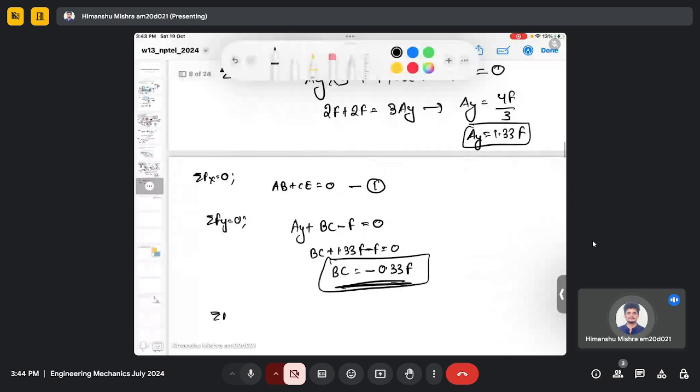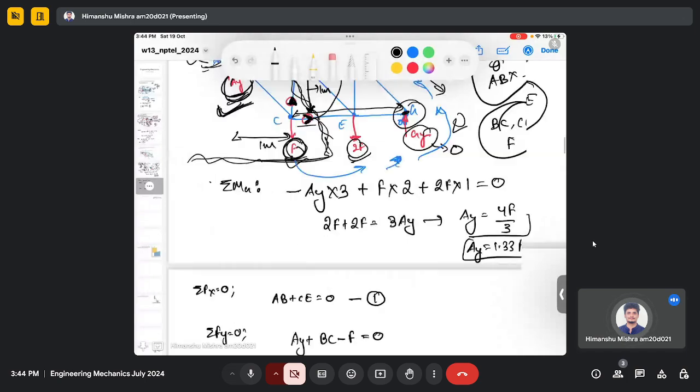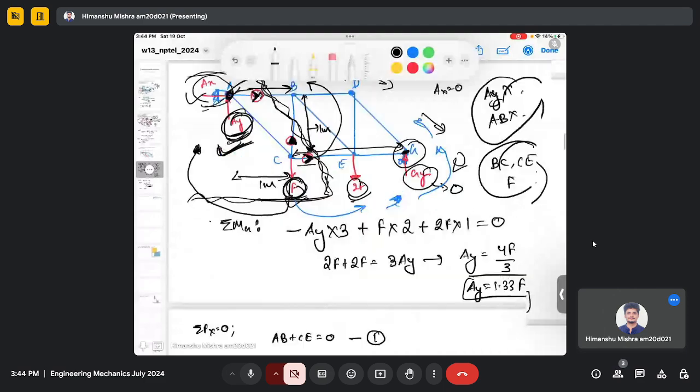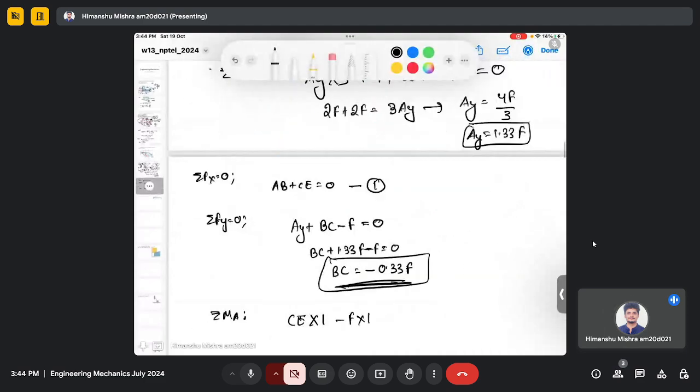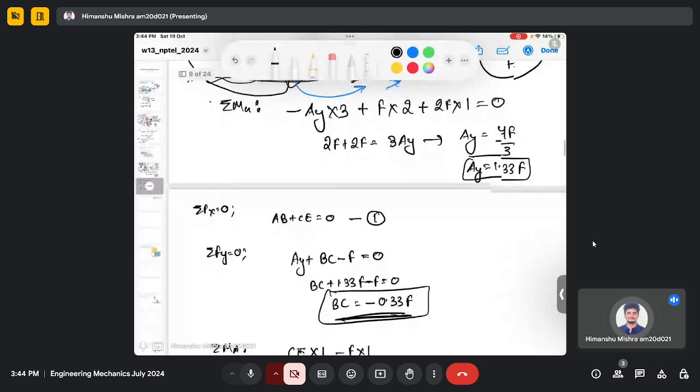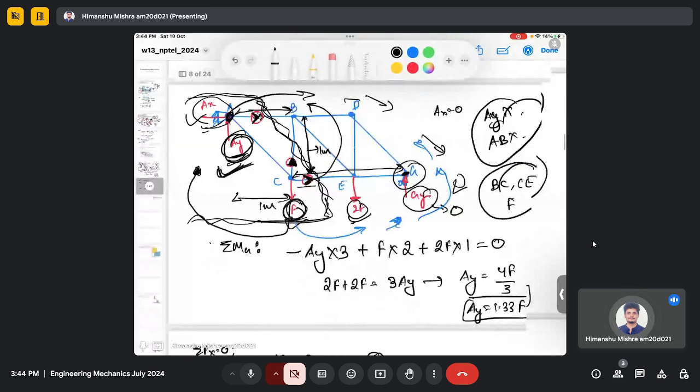It's a positive moment, so CE equals anti-clockwise multiply by 1. The force F is in the downward direction, and along point A it will try to rotate in a clockwise direction. So it's negative. And the force BC tries to rotate in the anti-clockwise direction.